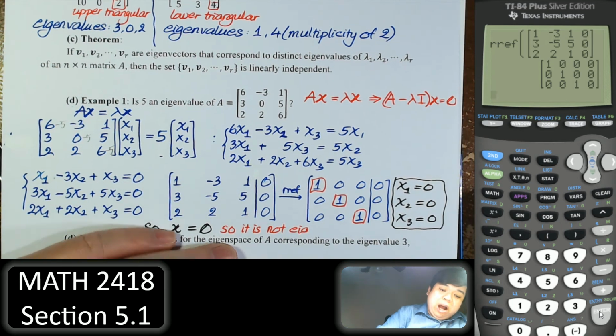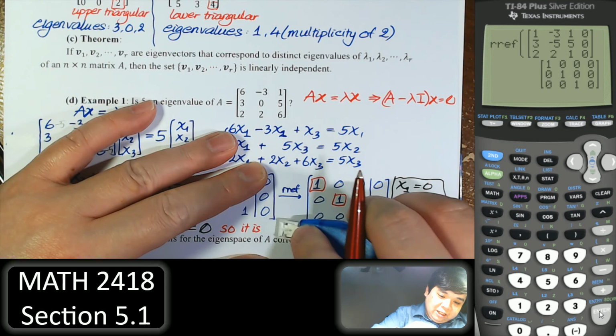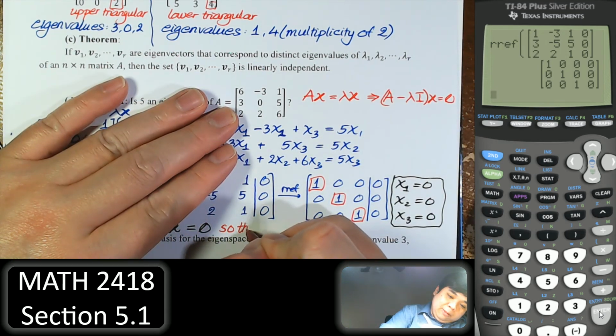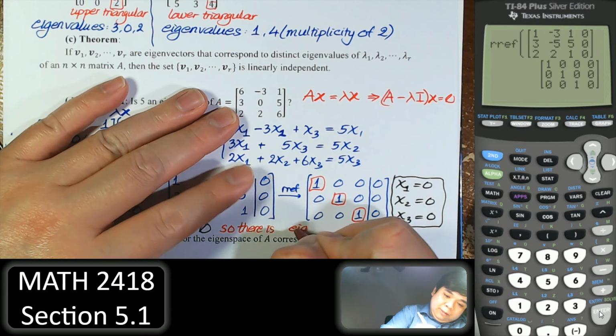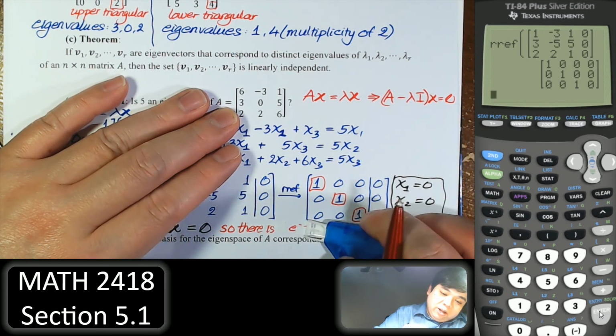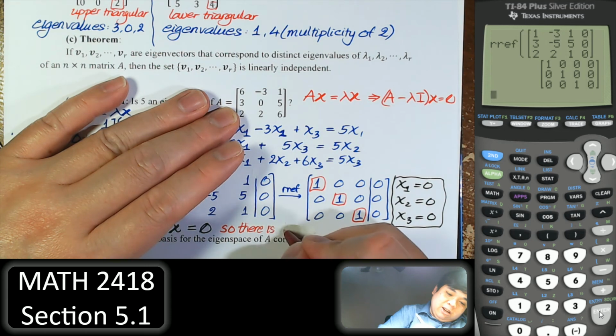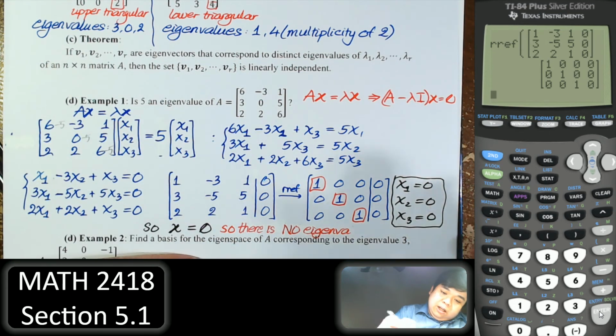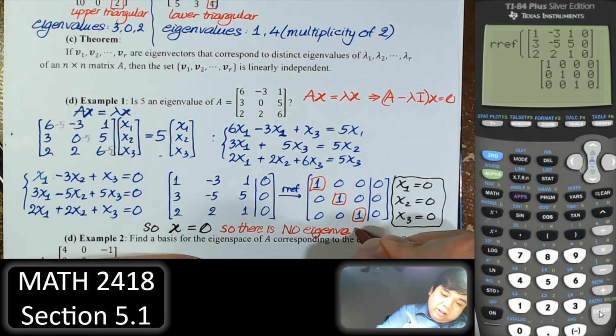There's no eigenvalues because the 0 vector is not an eigenvector.